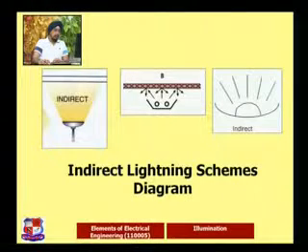Here is the same example of the indirect lighting scheme. See, the diagram is the opposite. This is the source, and this is the object, which right now works as the ceiling on which we want to apply the lighting scheme. As in the previous diagram, the source is there and the light falls onto the ceiling or our object.